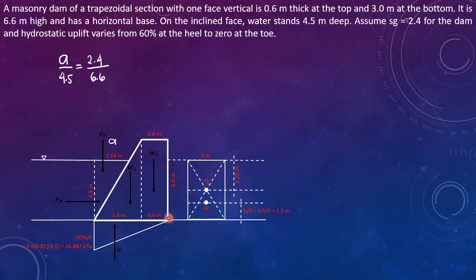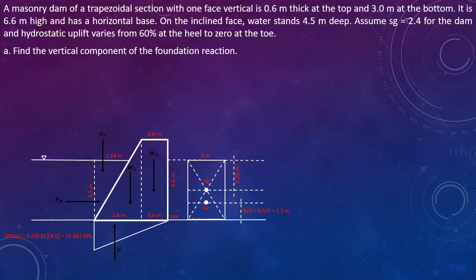Therefore, this will be the toe of the dam, the pivot point or the downstream edge. And the heel is simply the opposite of your toe. Your heel is located on the upstream side of the dam. So this is the location of your heel and toe.